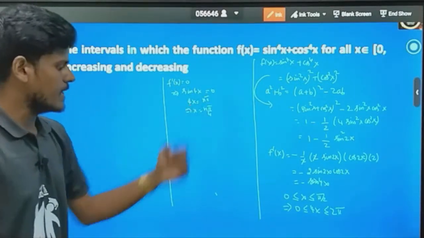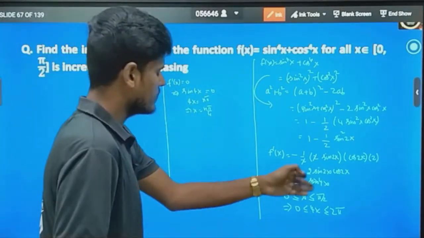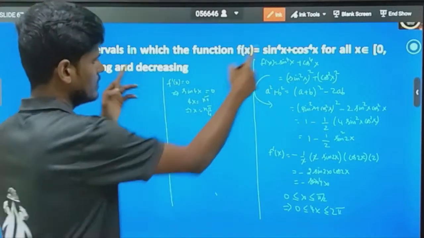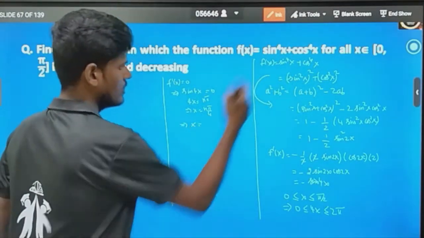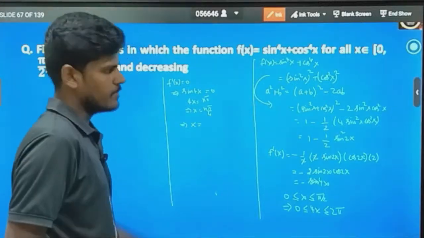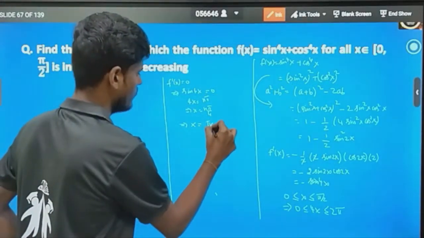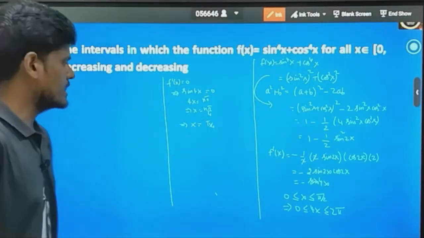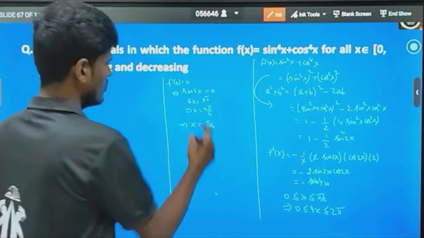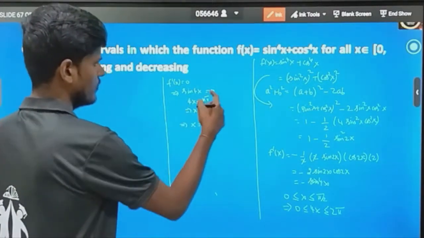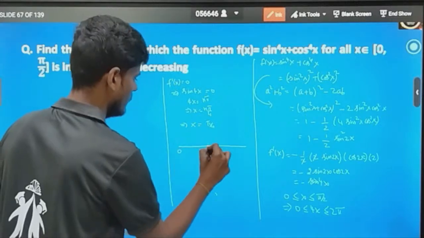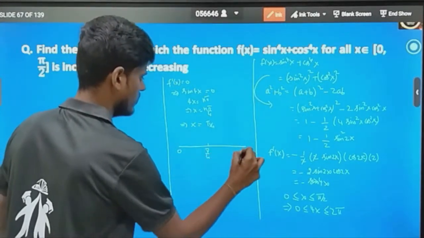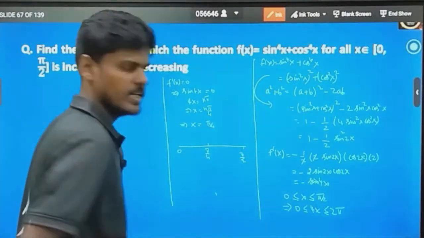Now what are the possible values of x between 0 to pi by 2? We have x is equal to 0, pi by 4, 2 pi by 4 is pi by 2. That is the answer here. So this means we have x is equal to, in the number line, 0, pi by 4 and pi by 2.